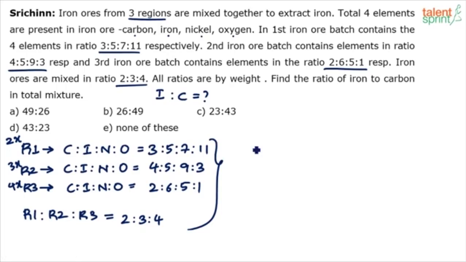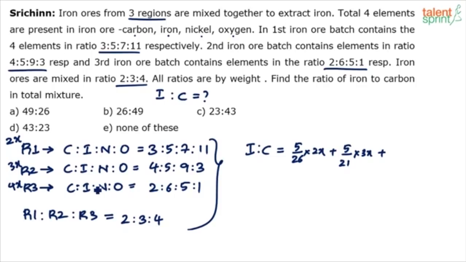So the required answer, I to C in the final mixture, will be as follows. How much is I? 5 out of the total 3 plus 5, 8, 8 plus 7, 15, 15 plus 11, 26. So 5 out of 26 multiplied by 2x. Plus the second region's iron ore: 5 parts out of total 4 plus 5, 9, 9 plus 9, 18, 18 plus 3, 21, multiplied by 3x.